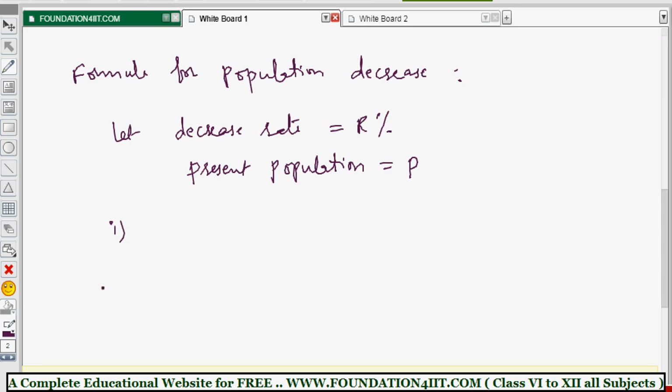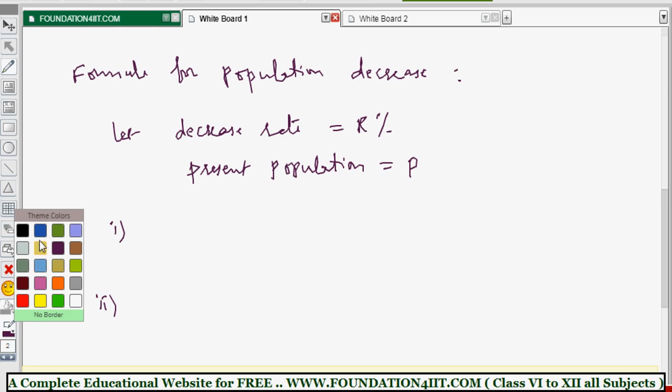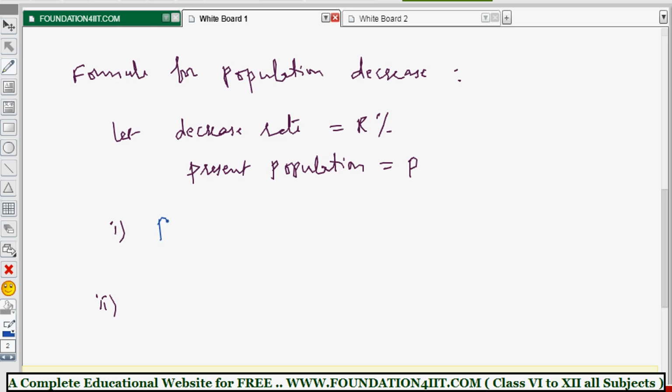Then we can similarly write two formulas. One is population after n years. So when it is decreasing, it is P into 1 minus r by 100 to the power n. Just in the place of plus, we keep minus.